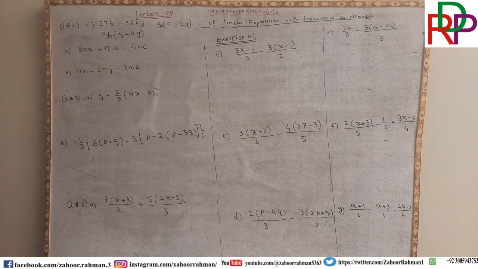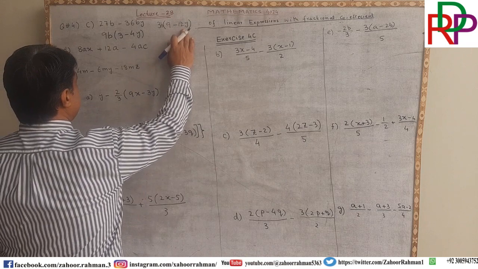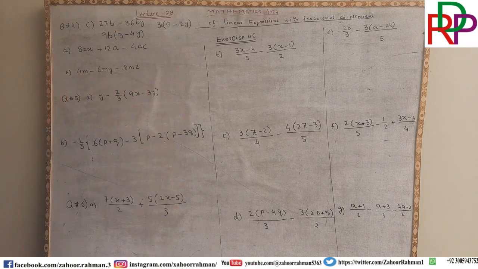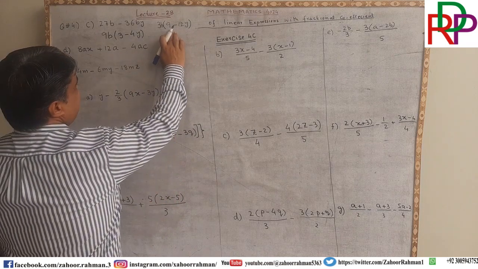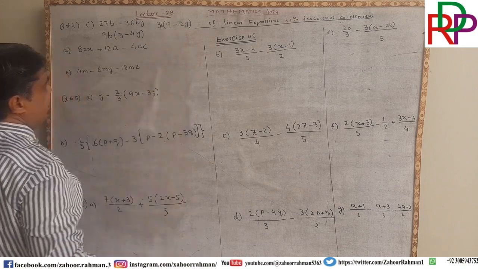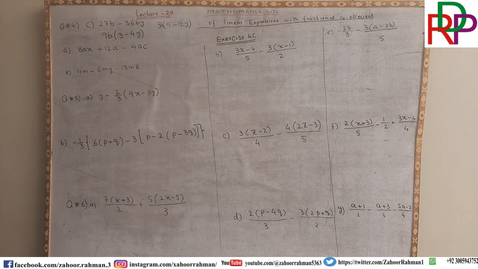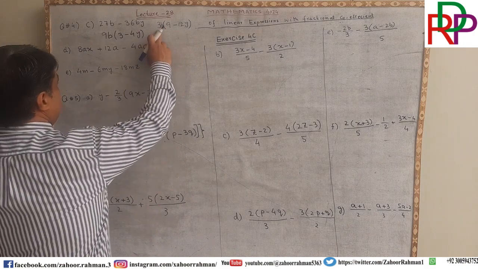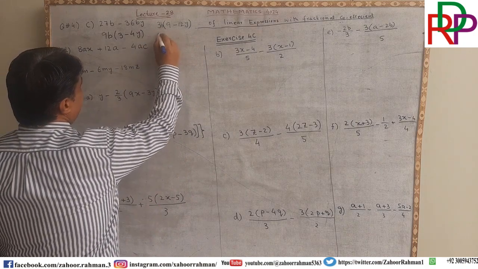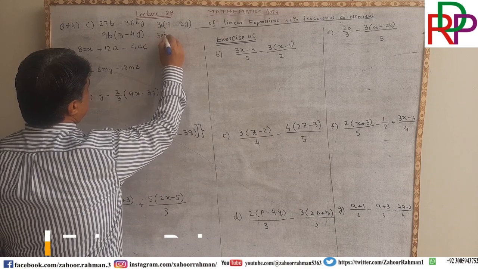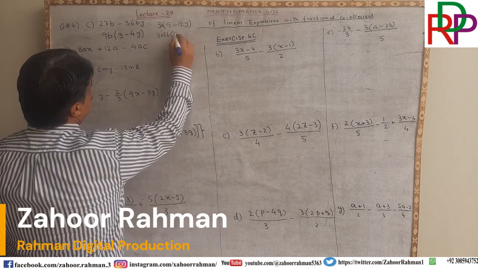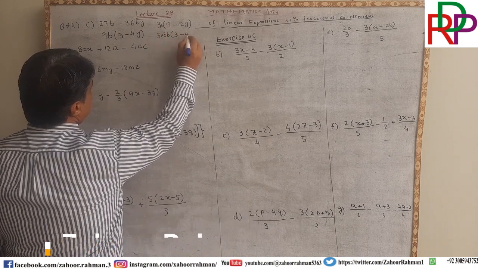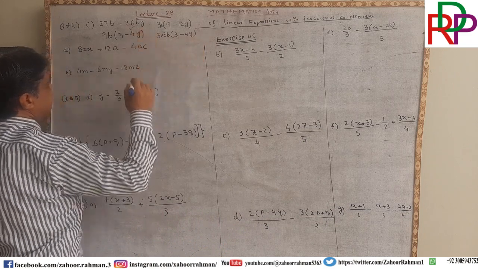So again you can take the 3 as a common, because 12 and 9 come in the table of 3. So again, if I am taking 3 as a common, it will be 3 minus 4y, which is this answer.